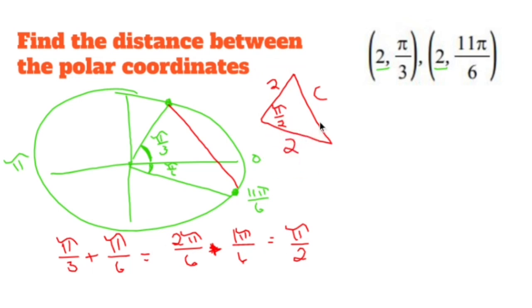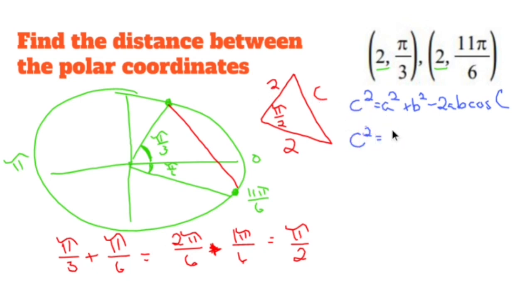So I'm going to bring back an old friend, and that old friend says, how can you find an opposite side if I give you an angle and two sides? Well, that would be the law of cosines, of course. Law of cosines: c squared equals a squared plus b squared minus 2ab cos C. I need to find c.